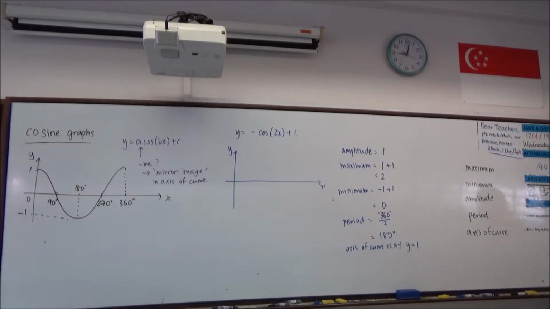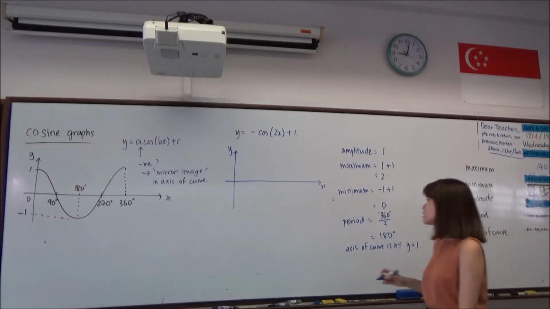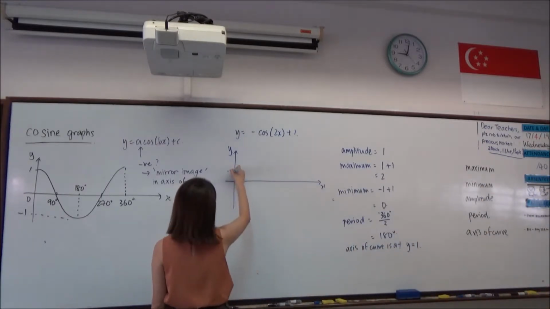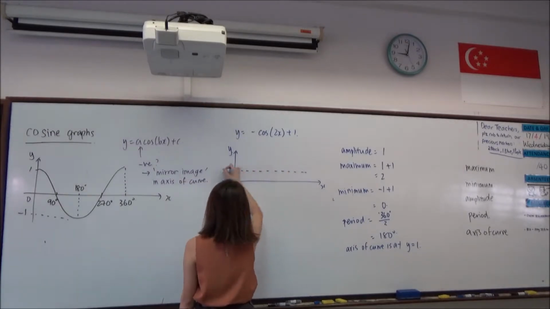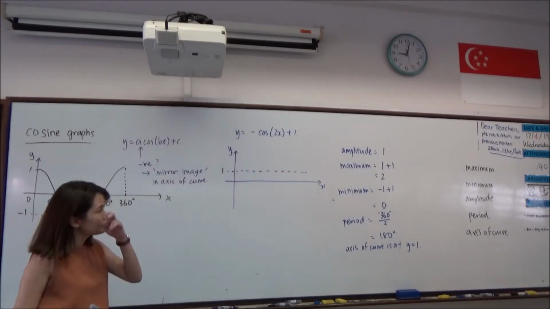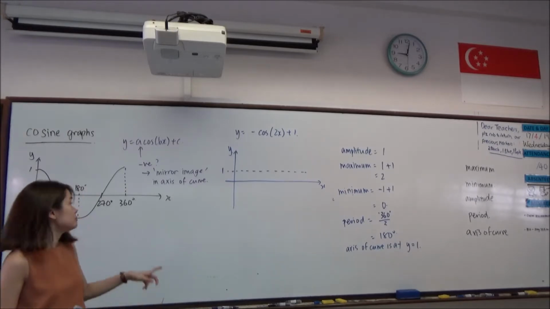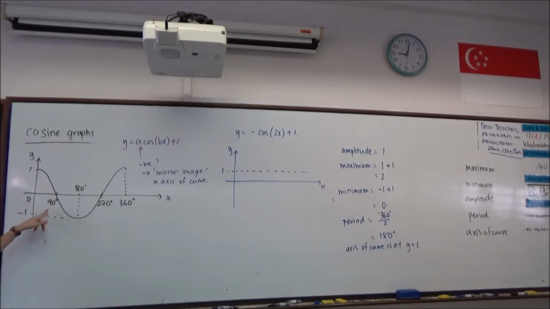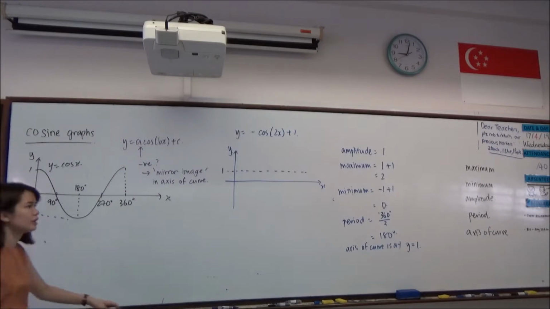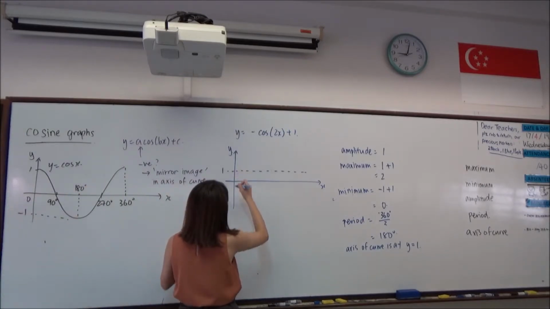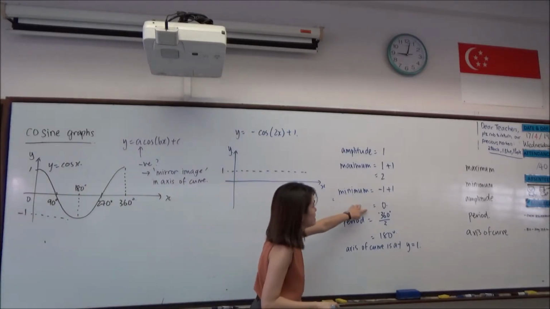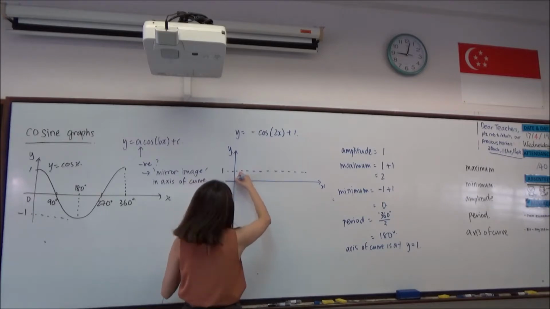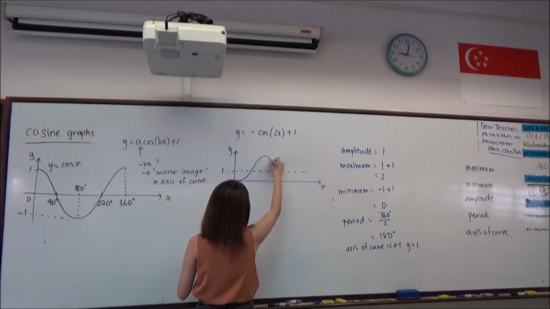Okay. Now we draw the graph. Axis of curve first, y equals 1. Then we need to be aware that the shape is no longer going to be the same as how we draw y equals cosine x, because there is an inversion. So since the minimum is at 0, it will have to go something like that.